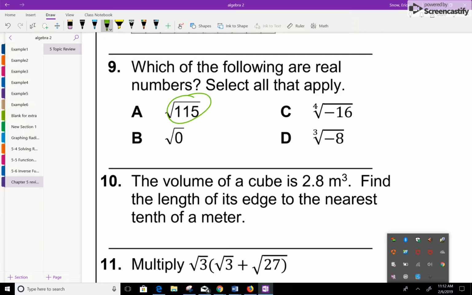Which of the following are real numbers? Well, we can take a square root of a positive. We can take a square root of 0. We cannot take the fourth root of a negative. So C is not an answer.